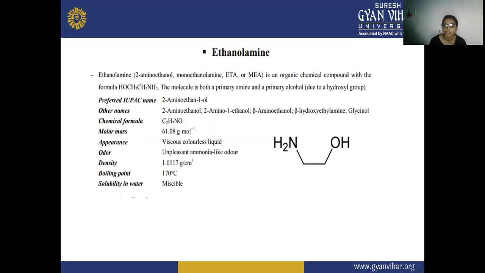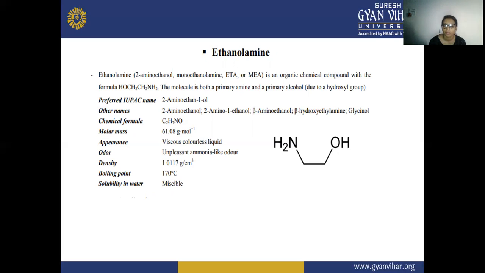The preferred IUPAC name is 2-aminoethan-1-ol, and other names are 2-aminoethanol, 2-amino-1-ethanol, beta-aminoethanol, beta-hydroxyethylamine, and glycinol.